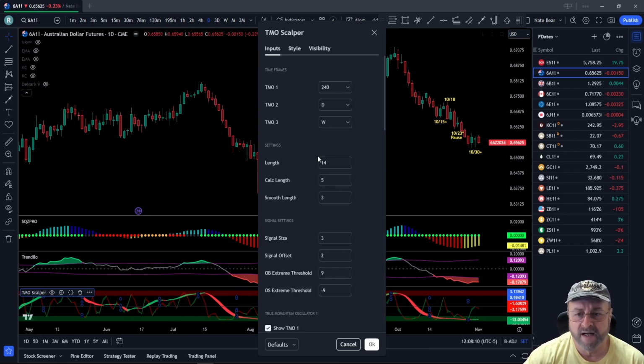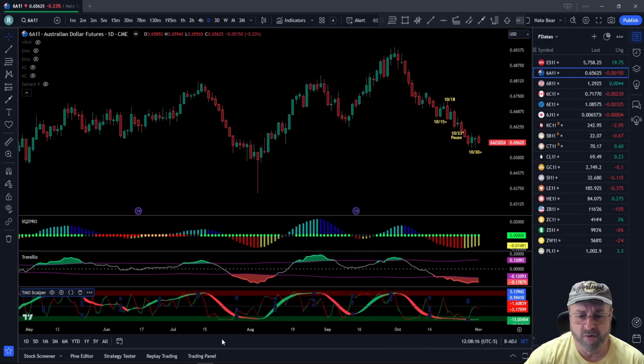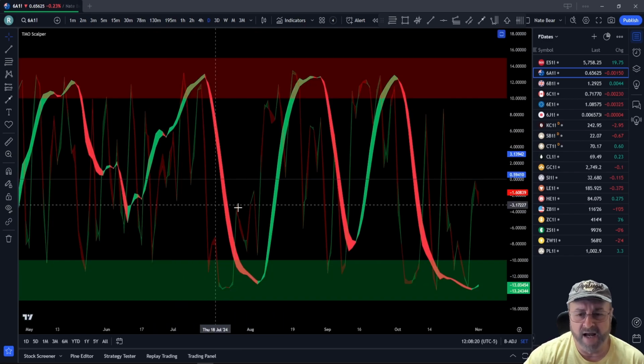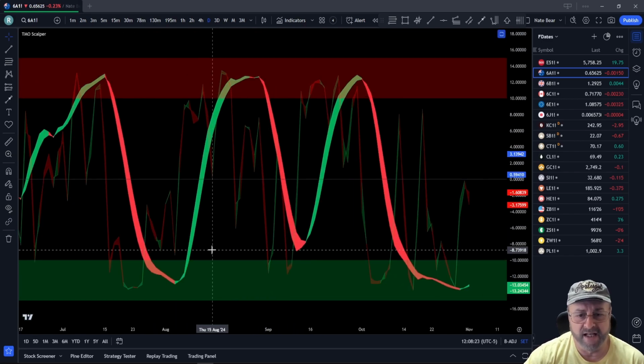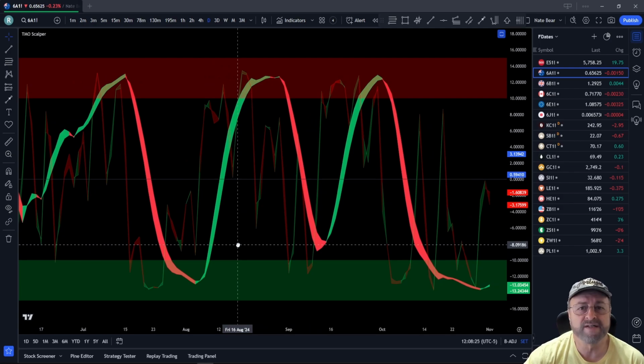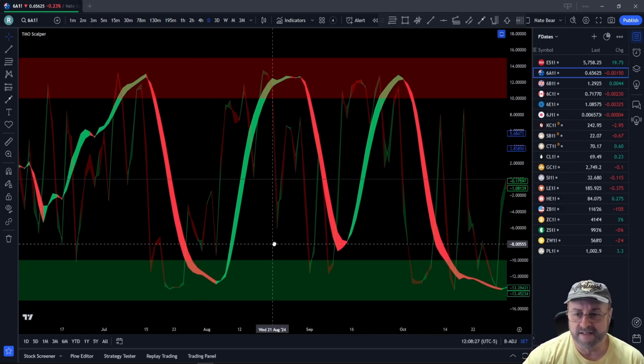There's 3 of them maximum that this TMO scalper indicator will let you do. But I took the weekly off, and I only left the 4-hour and daily on here because it's too noisy for me.